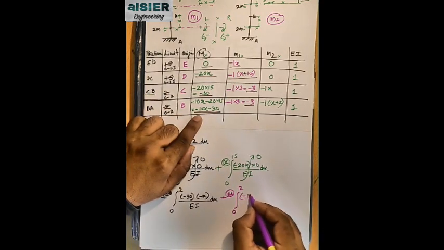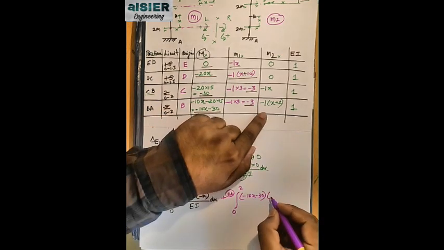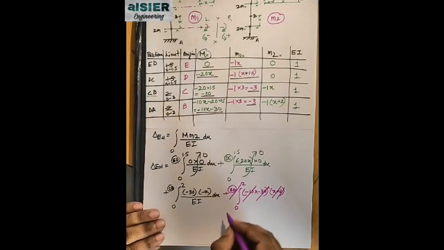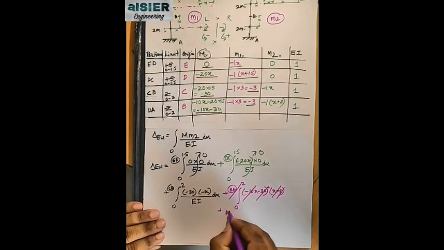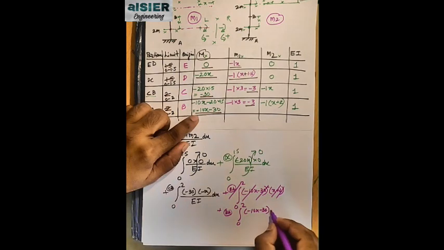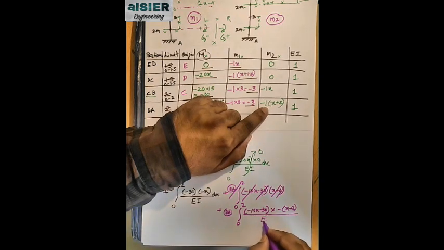It is minus 10x minus 30, into minus x plus 2. This is the value of M2, divided by EI dx.